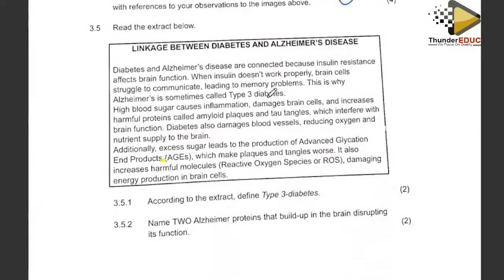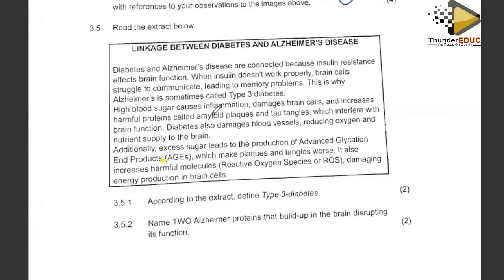Diabetes and Alzheimer's disease are connected because insulin resistance affects the brain function. When the insulin does not work properly, the brain cells struggle to communicate, leading to memory loss. That's why Alzheimer's is sometimes called type 3 diabetes.